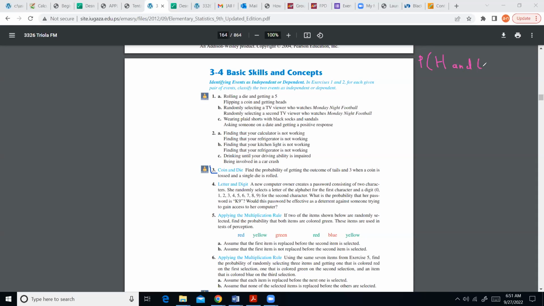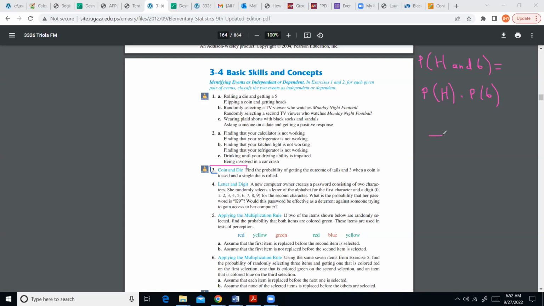It was a question I made up related to problem number 3, where you toss a coin and then roll a die, right? So the probability of head and 6 means the probability of head times the probability of getting 6, so you simply multiply those probabilities by the multiplication rule.